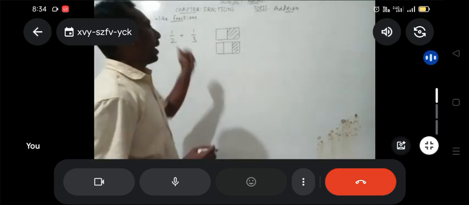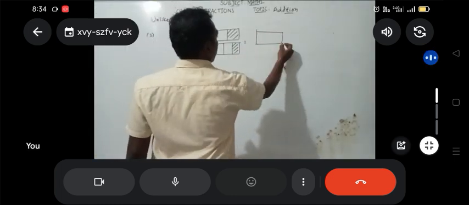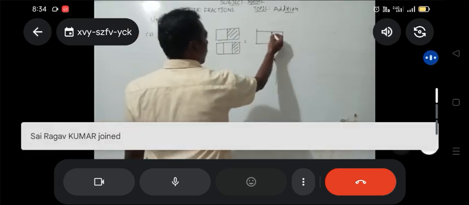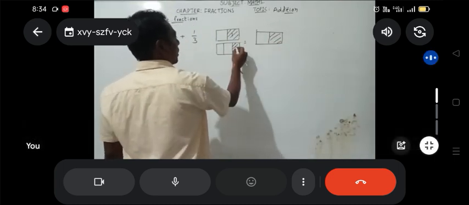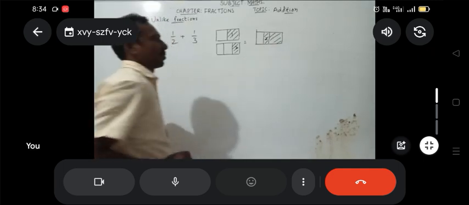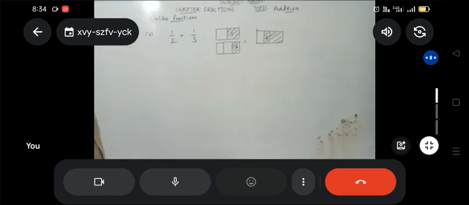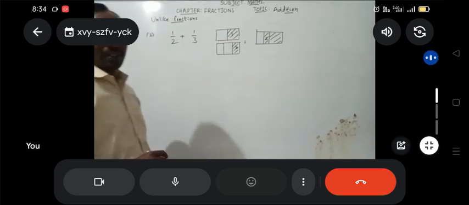See how this will be when you add. This is half, I will keep it here. This is the first part, and the second part I will keep here. 1 by 2 is there, and 1 by 3 is also there.